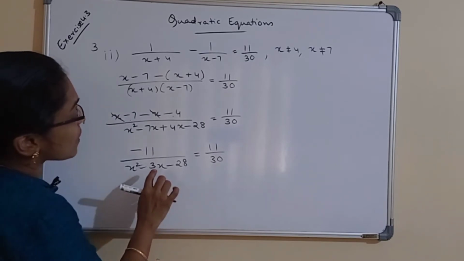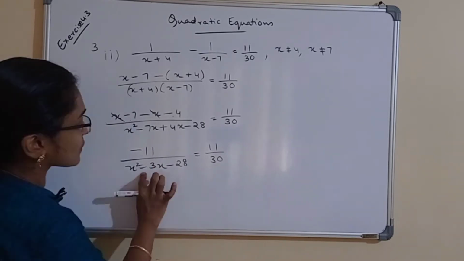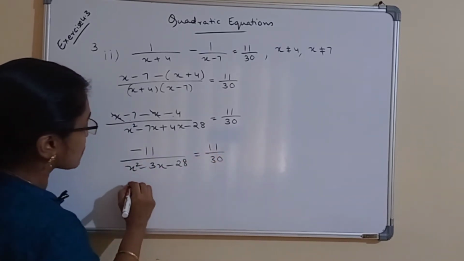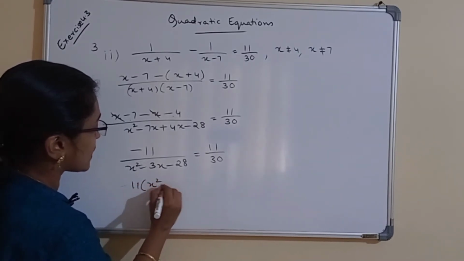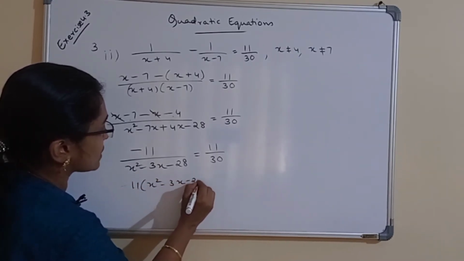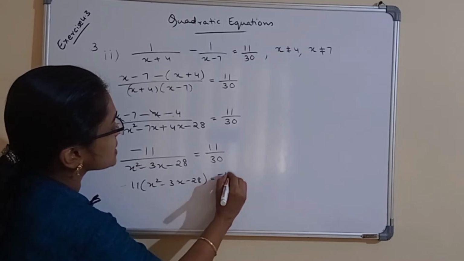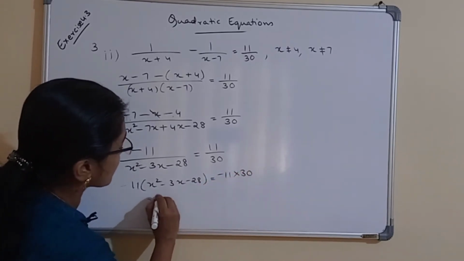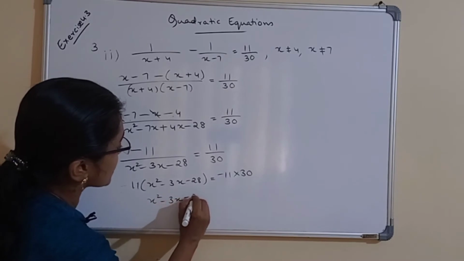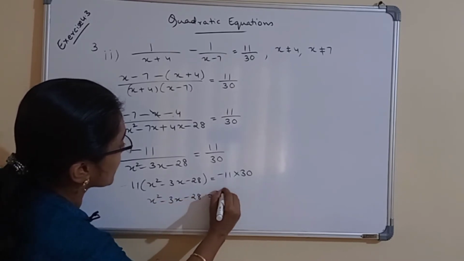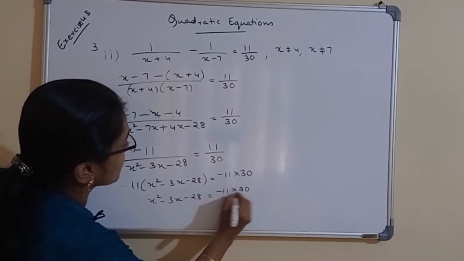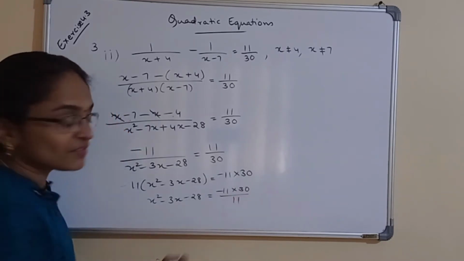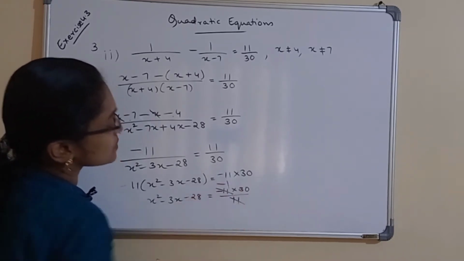Now cross multiplying this, we'll get, cross multiply this first. So 11 into x square minus 3x minus 28 is equal to minus 11 into 30. So x square minus 3x minus 28 is equal to minus 11 into 30 by 11. And 11 will go in minus 11 minus 1 time.